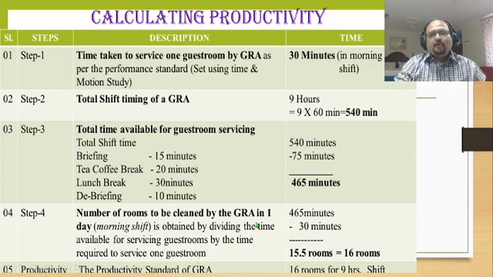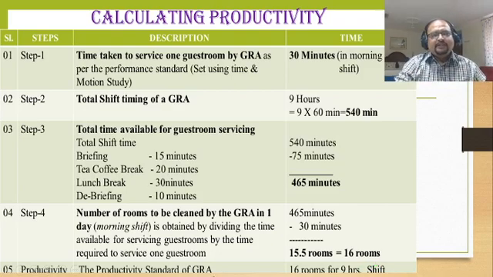And here, the total time that a room boy has is 465 minutes and he or she will have around 30 minutes to service one guest room. That means in one shift, that is the morning shift, in this given condition, one room boy will be able to clean or service 15.5 rooms, which I am putting here as 16 rooms.